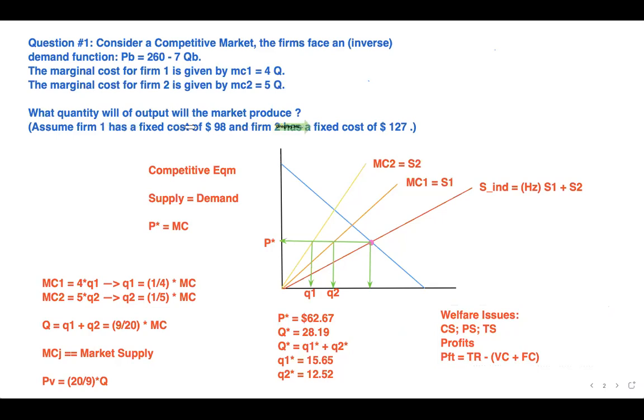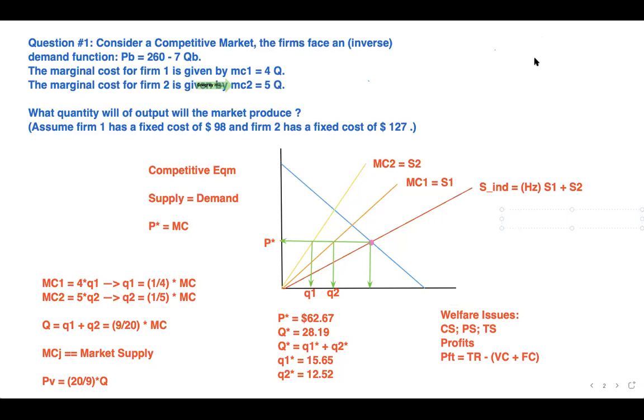So you have the fixed cost, and then what's missing is the variable cost. But remember that variable cost is related to marginal cost for each of the firms. Remember that, Michael? And I'll put it here.